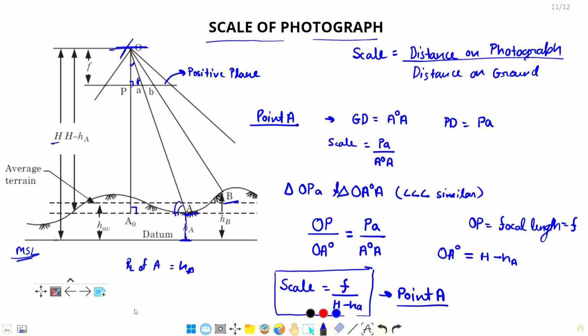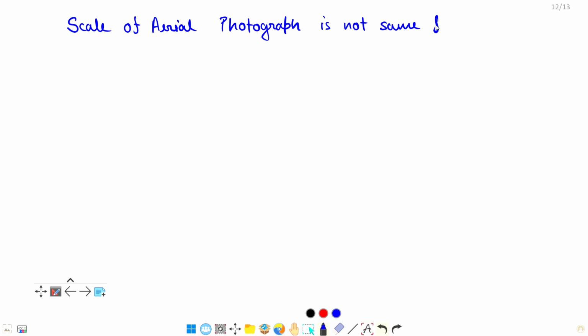So here additional information comes up that the scale of a photograph, the scale of an aerial photograph, is not the same for all points. This is the first point we come to know.